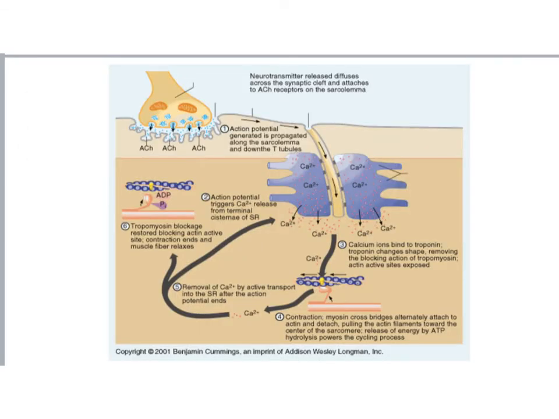Okay, so here is one of those diagrams that goes through all of the steps of muscle contraction. The only thing that it doesn't go over is how those ion concentrations are restored across that sarcolemma.